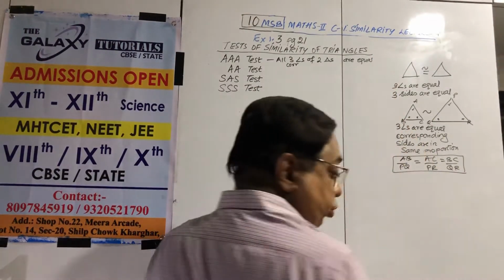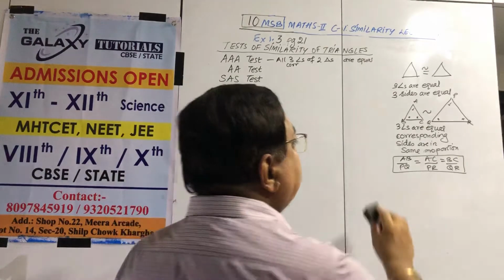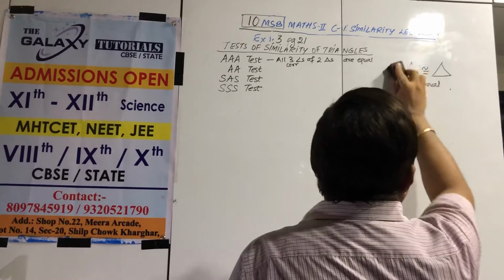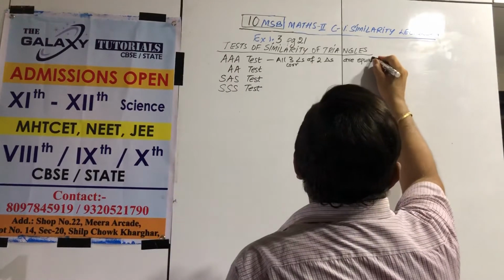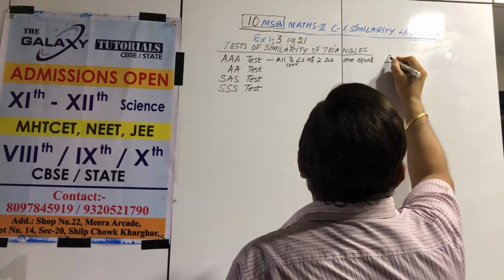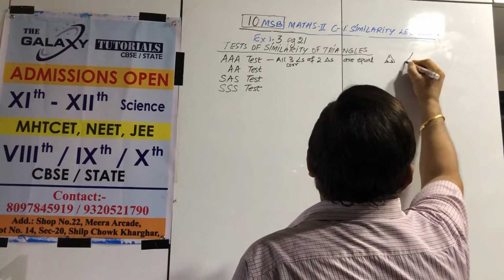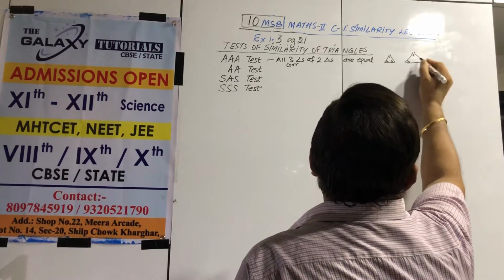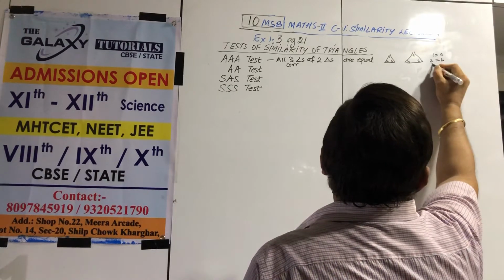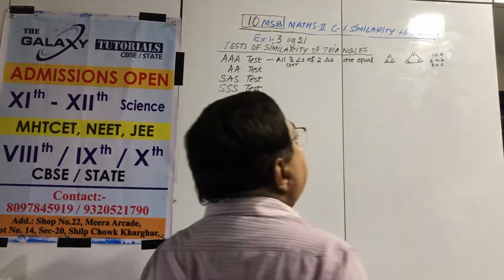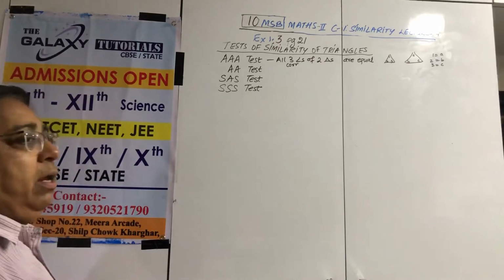So, how does this look like? I will show you. So in AAA test, I will have three angles, 1, 2, 3, and I have A, B, C. So 1 is equal to A, 2 is equal to B, 3 is equal to C. That is the meaning of AAA test.